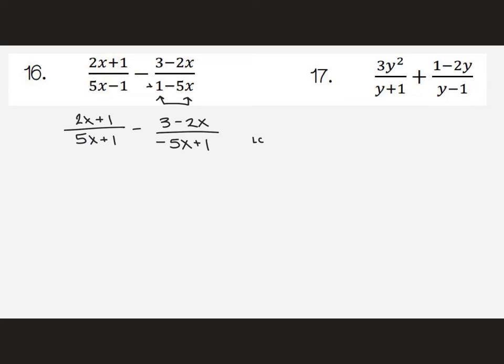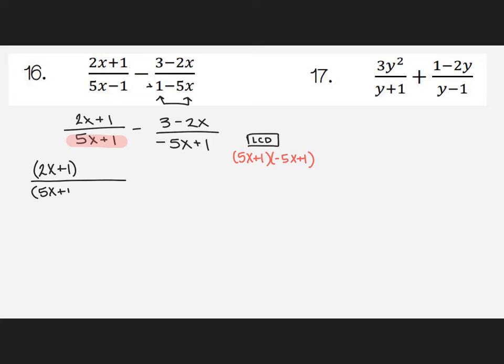Remember, when you look for a least common denominator, you write down the entire first denominator. If there are any matches in the second denominator, you don't need to rewrite it. However, nothing in the second denominator matches, so I have to rewrite the whole thing. Then you want to rewrite the problem so that each fraction has a common denominator.